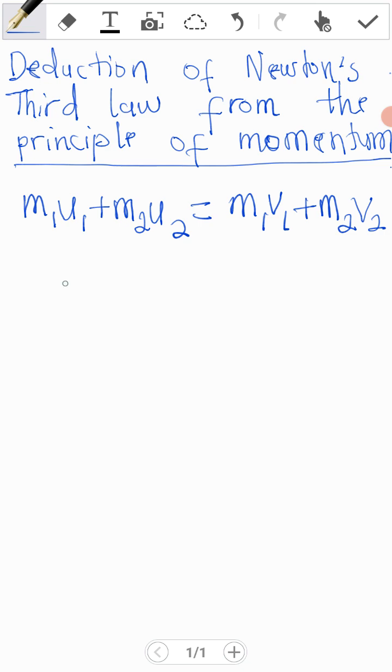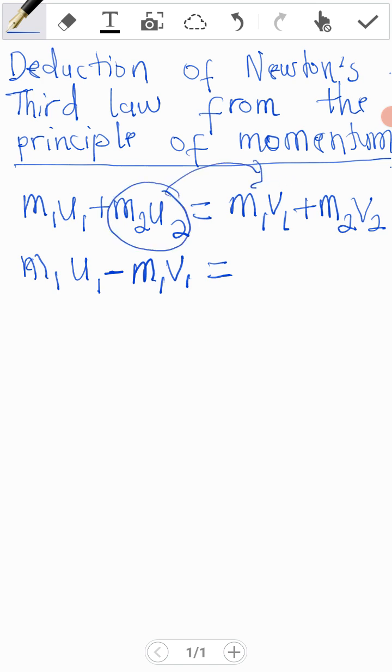So m1u1 minus, we move this here, to be minus m1v1, is equal to, now we move this to the other side, so we have our m2v2 minus m2u2.